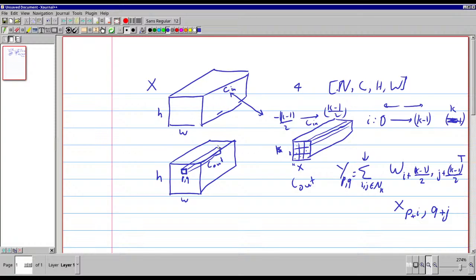So the expenses come here. How many flops, floating point operations, are there?